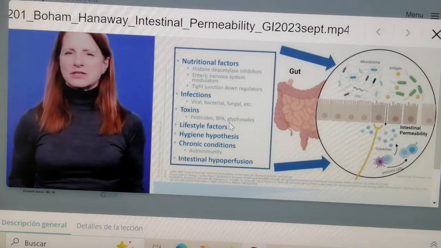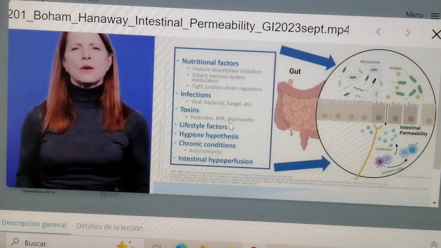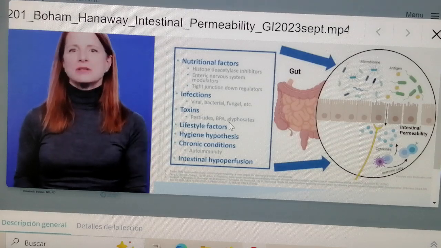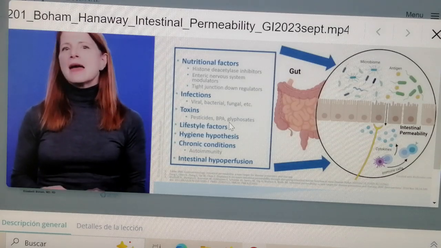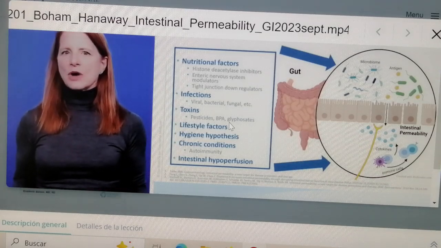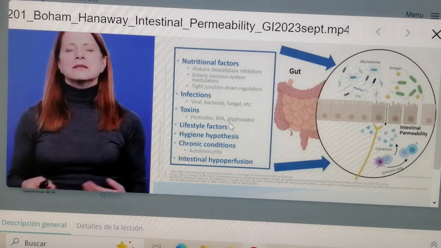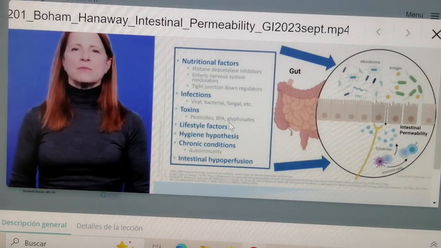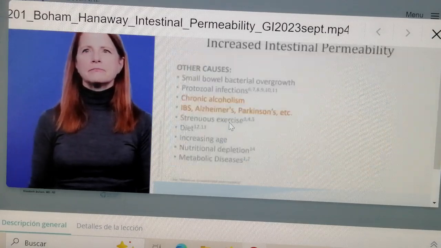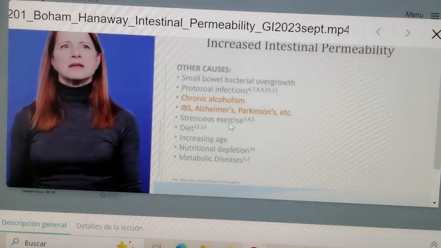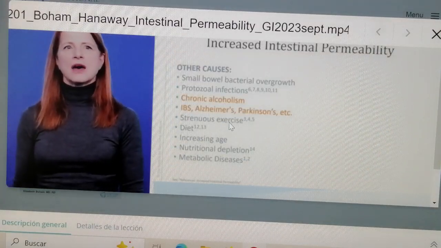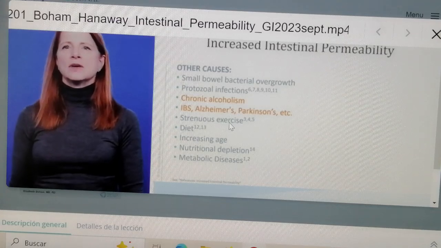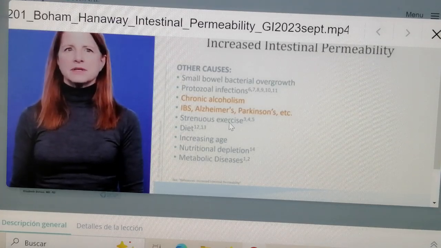The body has a lot of things to think about in terms of what it wants to be getting in and what it shouldn't be getting in. And so it's not like any increased permeability is always bad. It's continued excessive increased intestinal permeability that can be pro-inflammatory. Okay, some other causes: alcoholism, strenuous exercise, nutrition depletion, bacteria, protozoas.